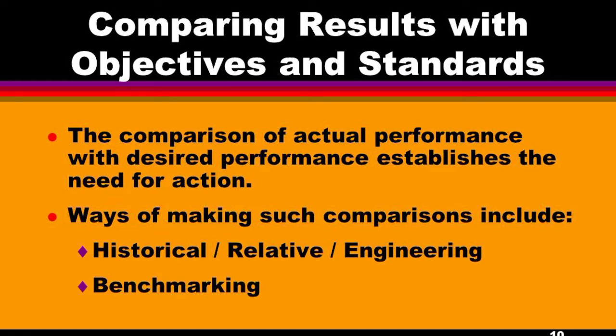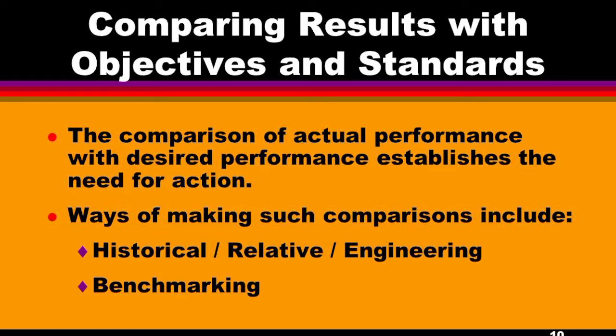The ways of making such comparison include historical, relative, engineering, and benchmarking. Historical means the average units manufactured in a day will be taken to compare. Relative, in a particular situation, how much quantity is produced. Engineering is possibly quality products.